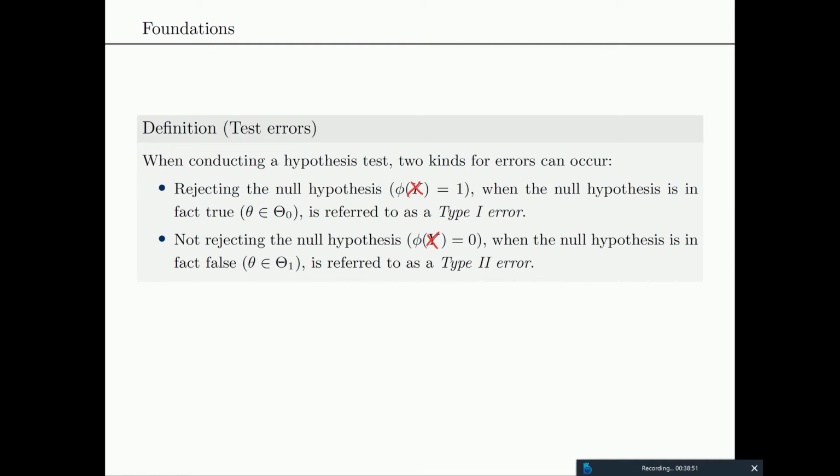So what are other terms for type 1 and type 2 errors? Yeah, I don't like that much, but any other terms? Exactly. The reason why I don't like alpha and beta is because we will have alpha and beta in a second, and then it has a specific meaning. So type 1 error is also false positive error.